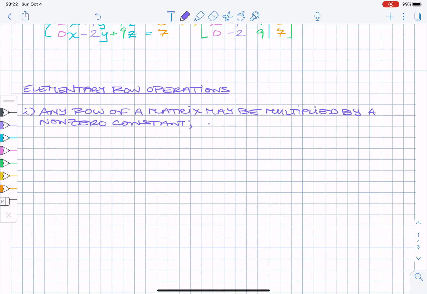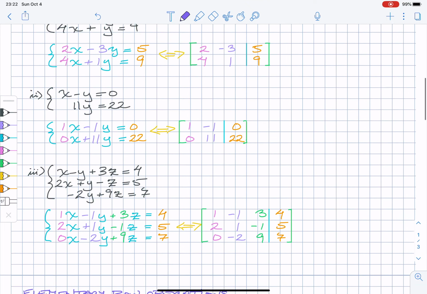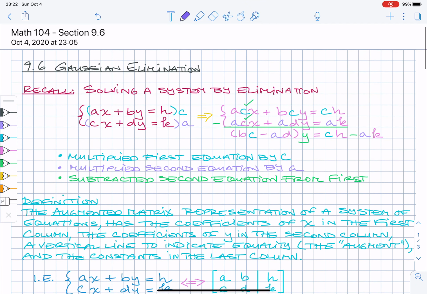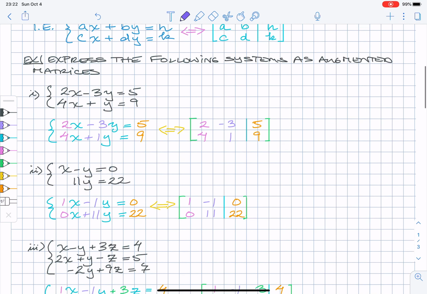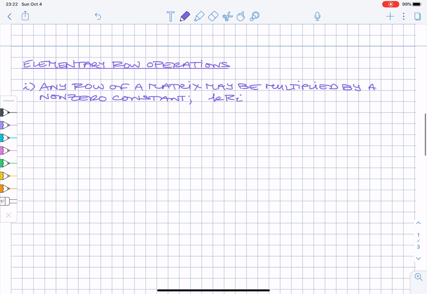And that we annotate by k times row I. So if we go back to my recall, I multiplied by C and by A, the first row and the second row, respectively. So we know that that's allowable.